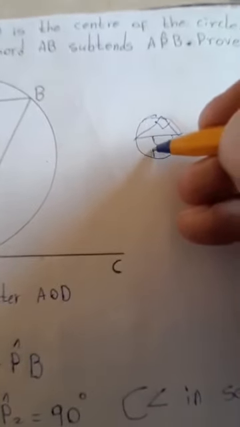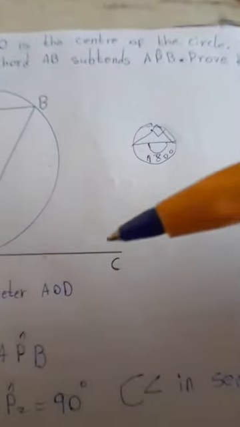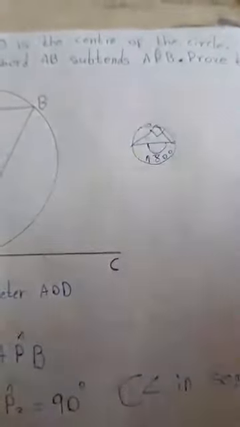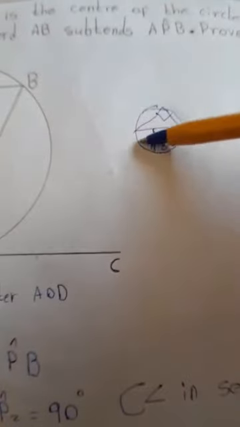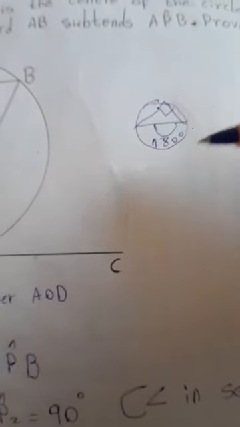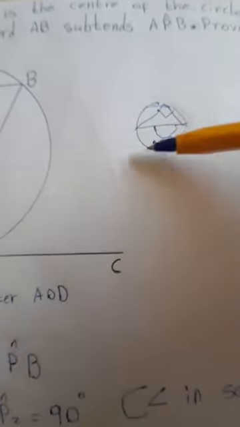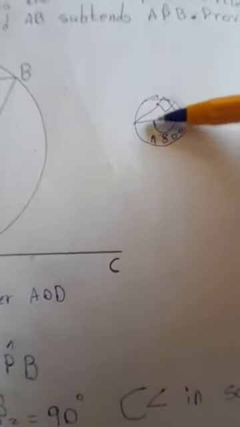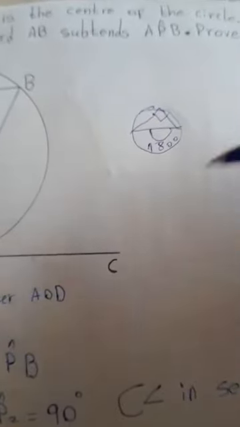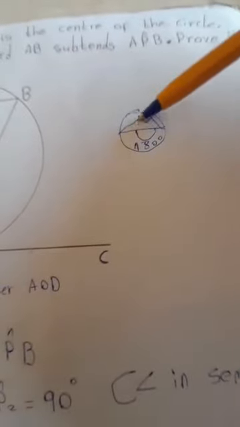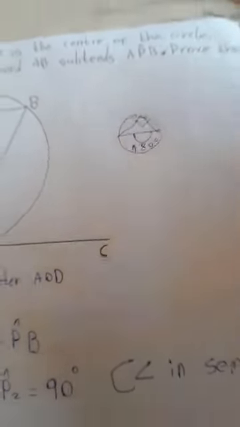But yeah, it is 180 degrees according to the angle at center theorem. It says this angle here, the angle at the center, which is 180 degrees, is twice the angle at the circumference. If this is 180 degrees, this is half of that, which is 90. That's why angles in a semicircle will always make a 90-degree angle.